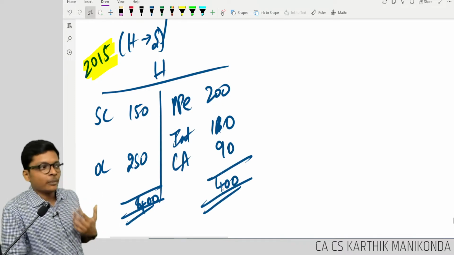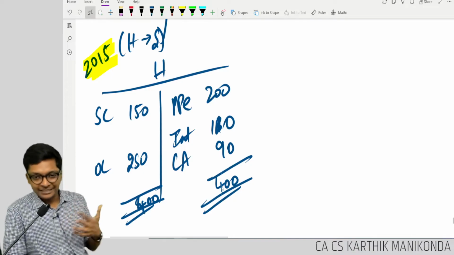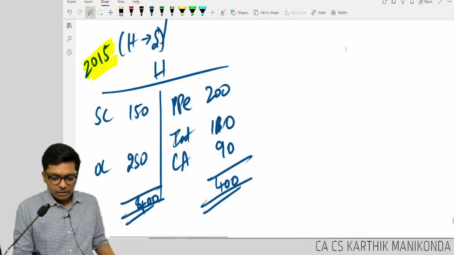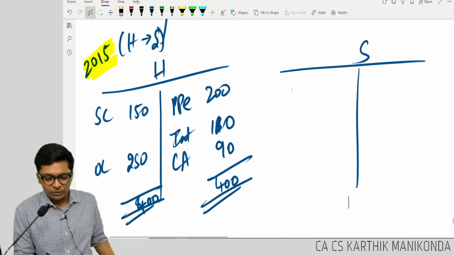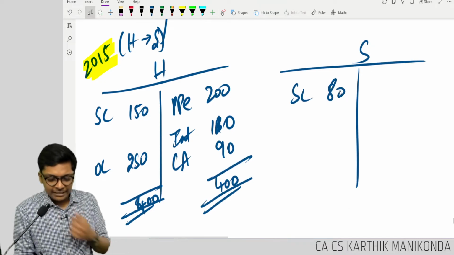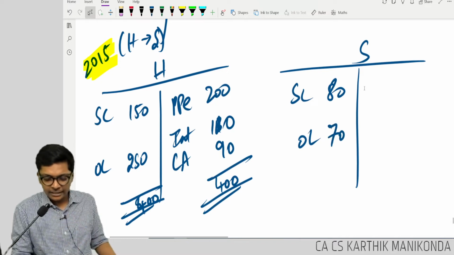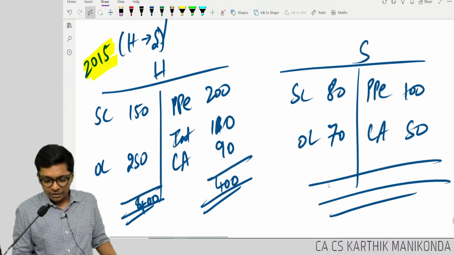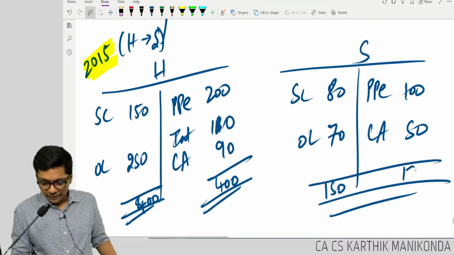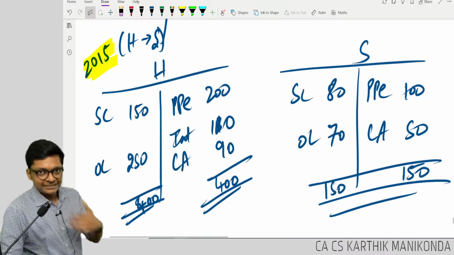Example 2, do you remember guys, where we got goodwill? That is important for me. Balance sheet of subsidiary in example 2, in all examples it was the same. Share capital 80, other liabilities 70, current asset is 50. I have taken this multiple times, same number.